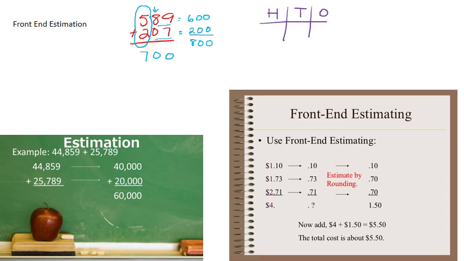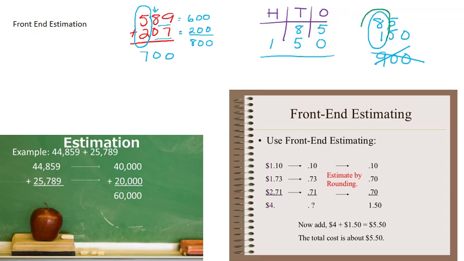If you have a number like 85 and you're going to add a number like 150, remember where the place values lie, because you would never want to front end estimate and say, oh, that's 900. Because 150 plus 85 is not anywhere close to 900.